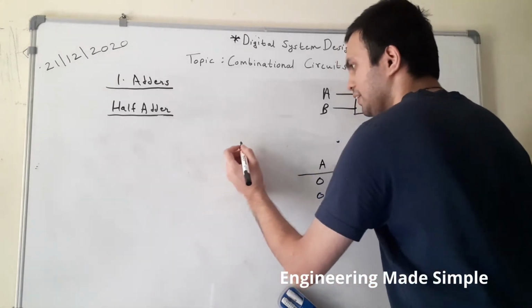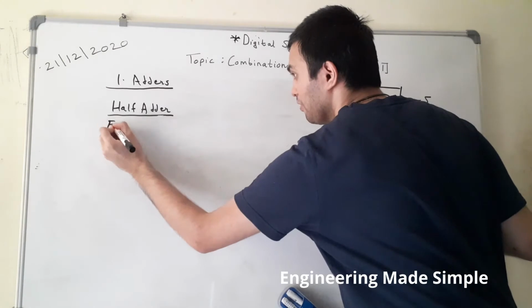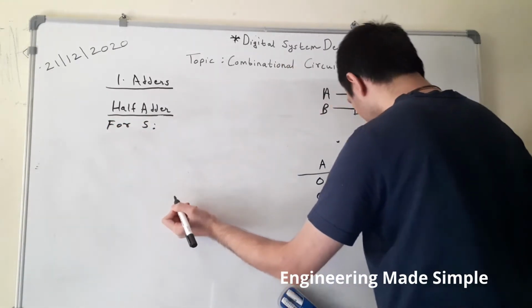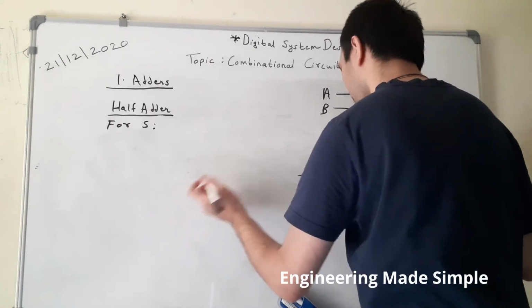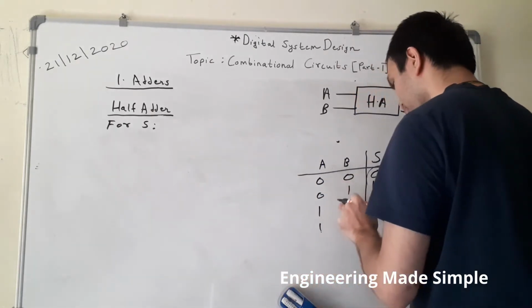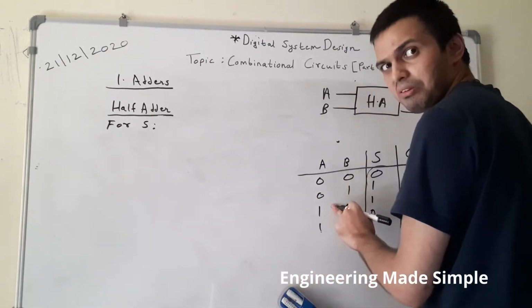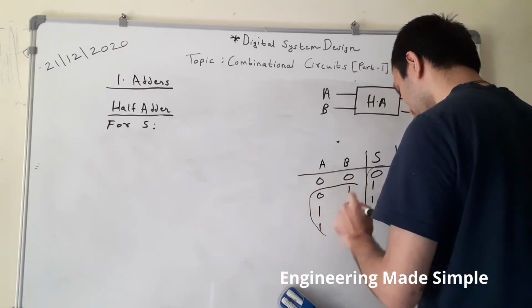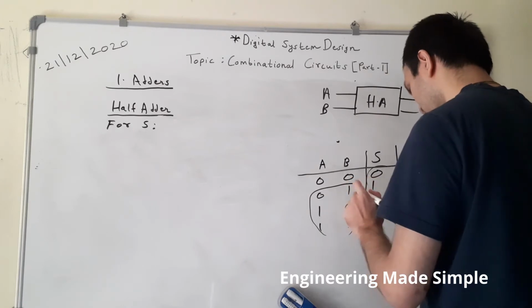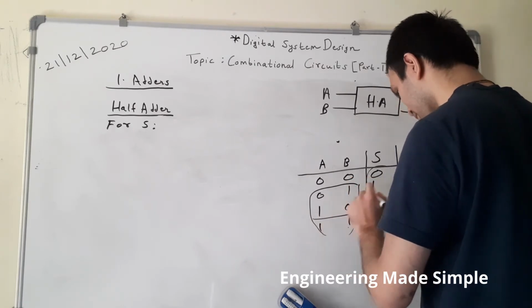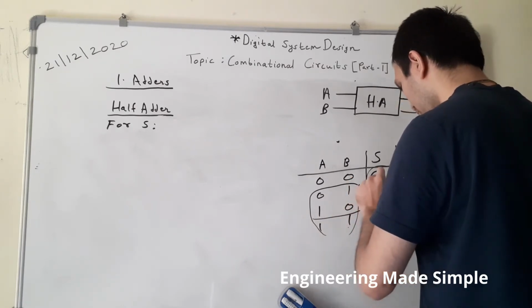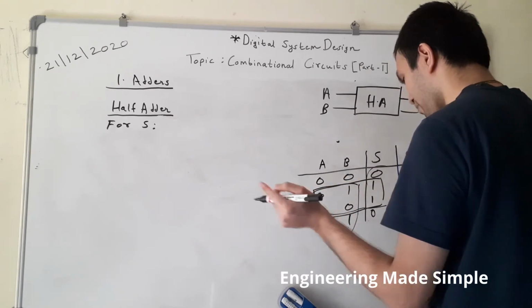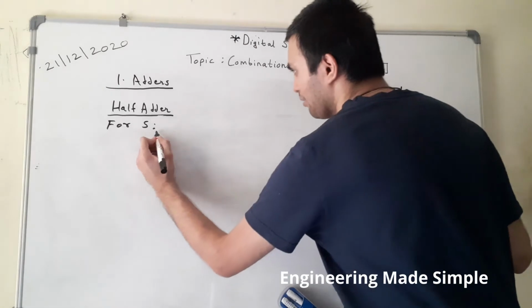So now let us start solving the K-map for sum. I am solving for sum, so I have written S over here. So now identify the min terms from this truth table. What are the min terms? All the input combinations whose corresponding output is 1. So as you can see over here, in some rows there are 1s, and the inputs corresponding to those are our min terms. So let us fill our K-map accordingly.